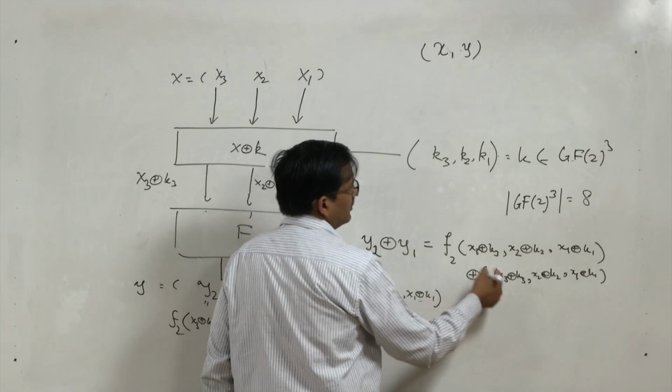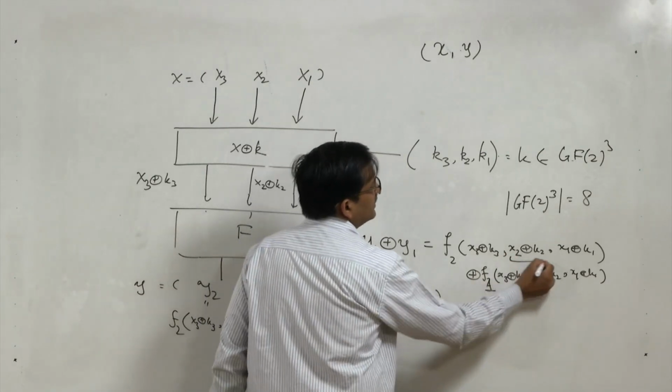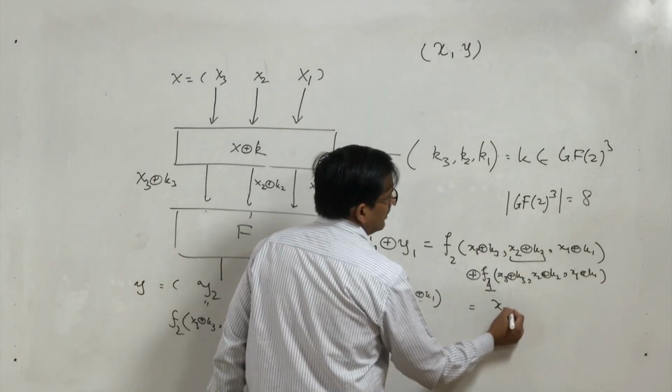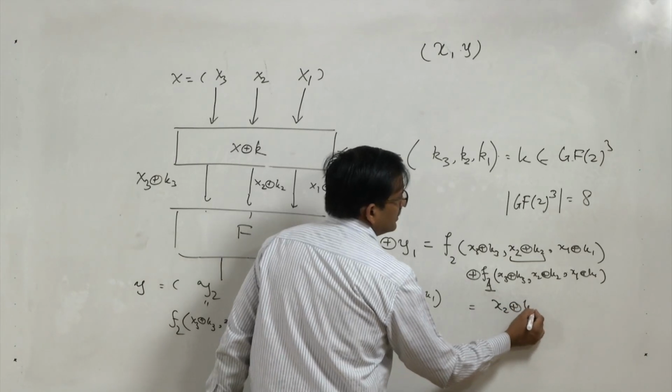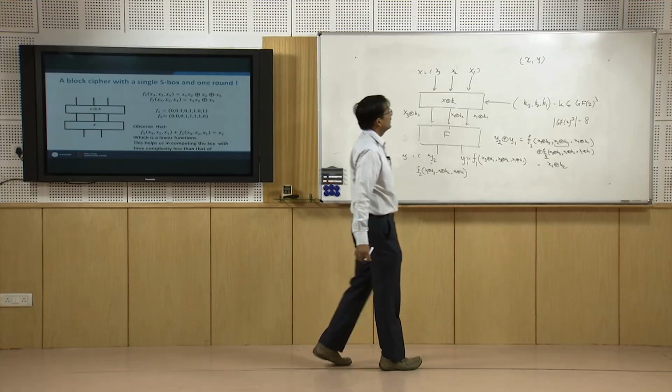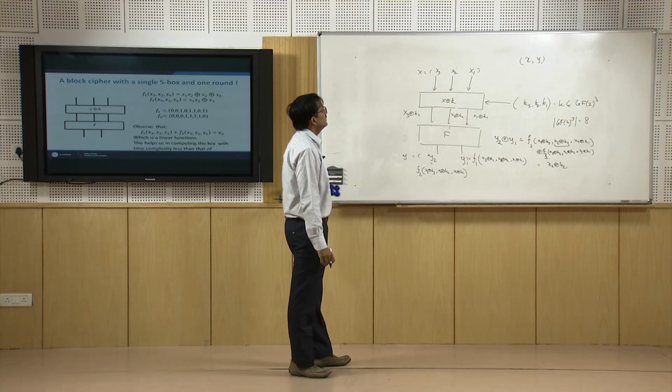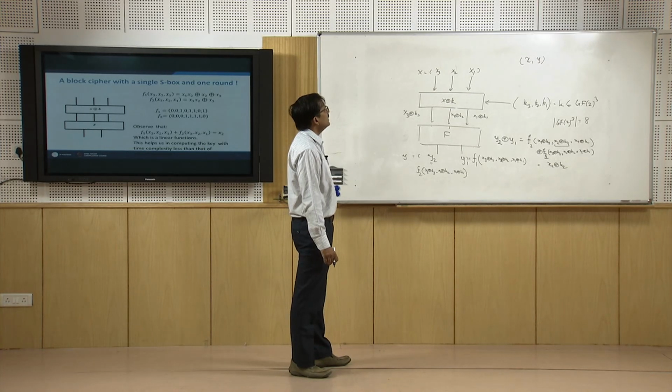I know that it is only X2, but in this case X2 is X2 XOR K2. So, this is what I am getting.